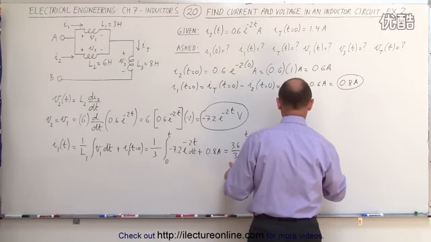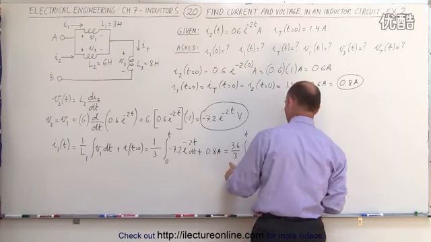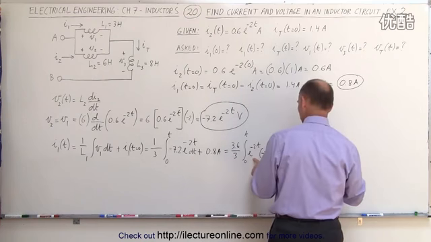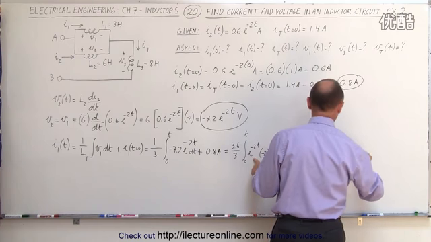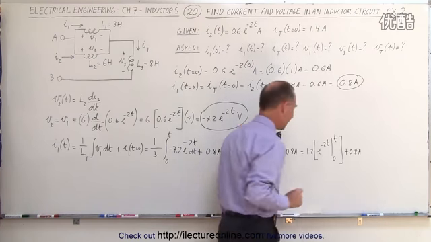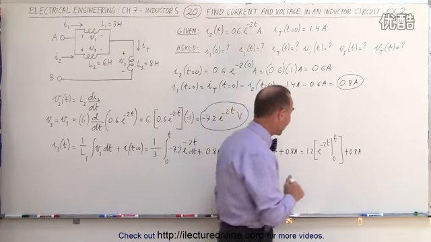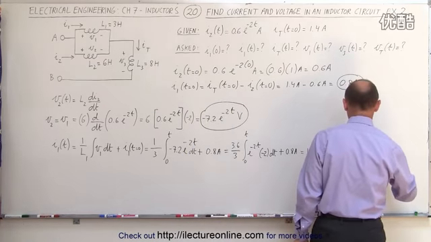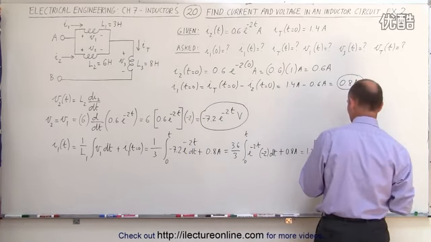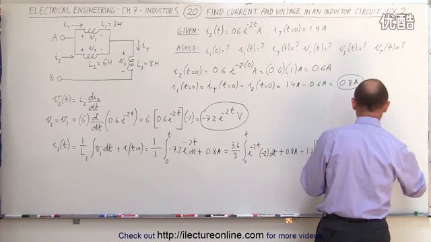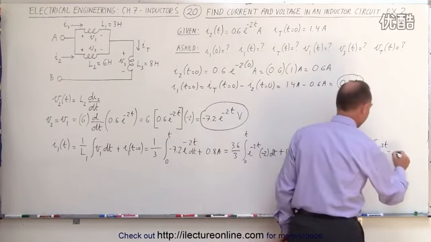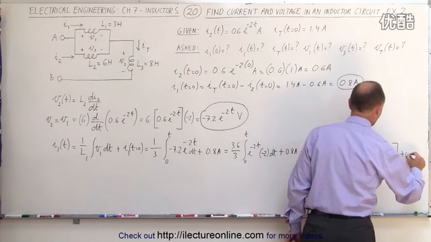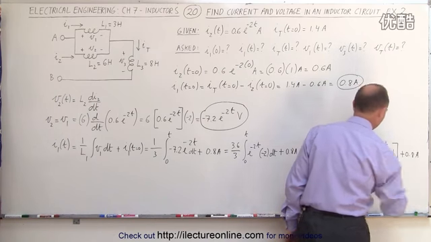3.6 divided by 3 is equal to 1.2 multiplied times e to the minus 2t evaluated from 0 to t, and I'll have to add to that the 0.8 amps. Plug in the upper limit, let's see what I get. So this is equal to 1.2 multiplied times, plug in the upper limit, I get e to the minus 2t, minus when I plug in the lower limit, e to the 0, that's equal to 1, plus 0.8 amps.